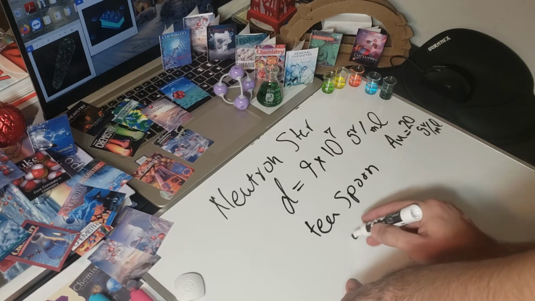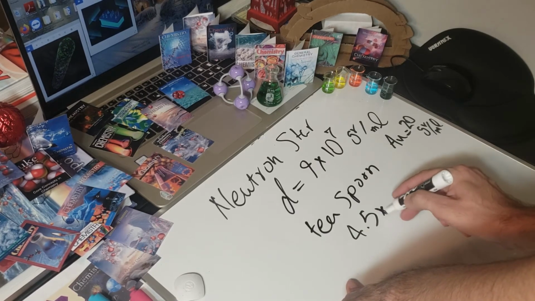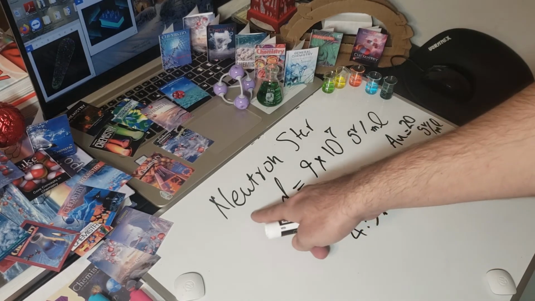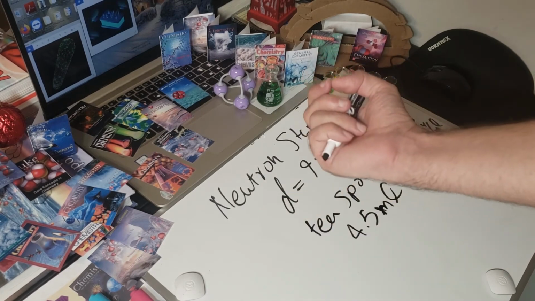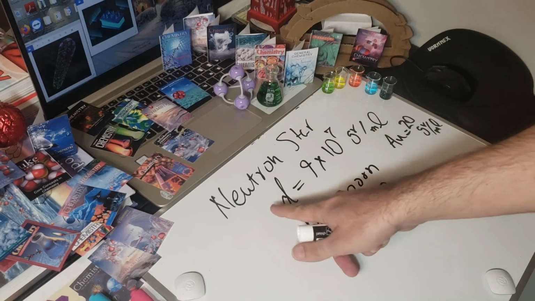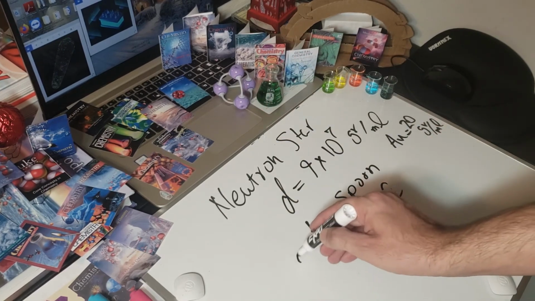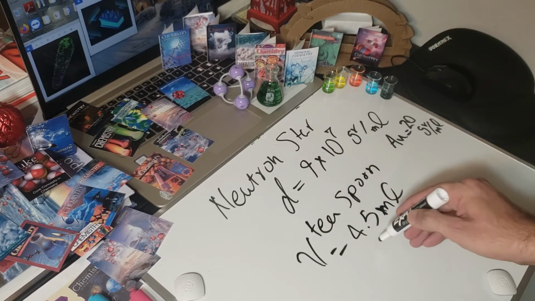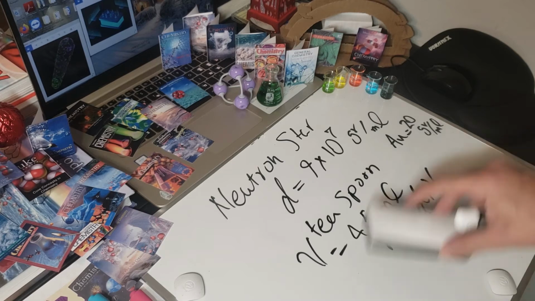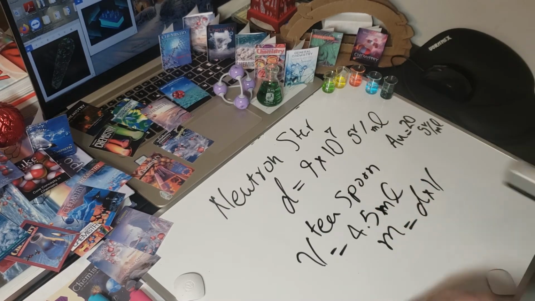If we assume the teaspoon is 4.5 milliliters in volume, then let's see what a teaspoon of this neutron star, just a small speck of that neutron star that you could put in a teaspoon, would weigh. So this is the volume, that's the density, and mass then would be density times the volume, and that would be this times that.